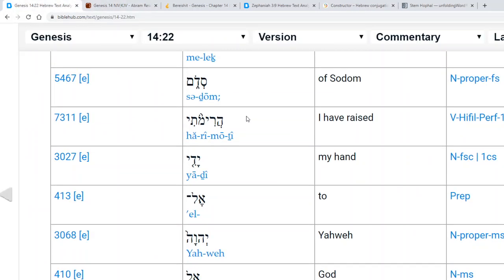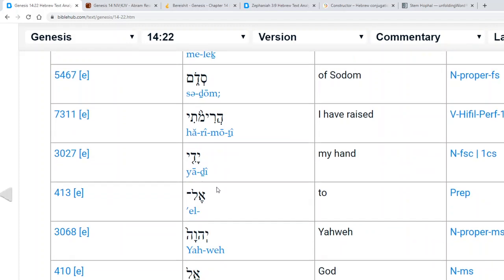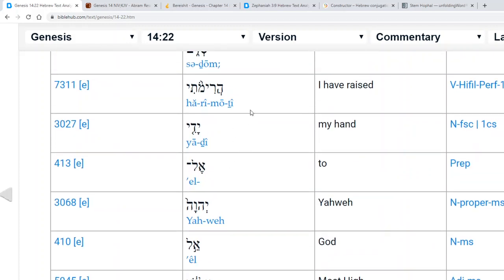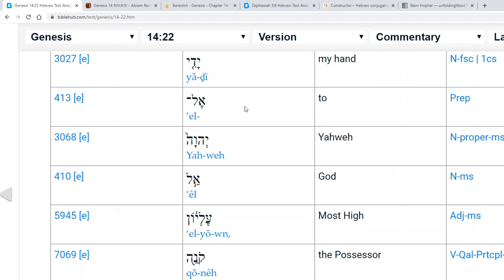Okay. Harimoti, right? And it doesn't have the vav, but it does have the yud, right? Yadi. So I raised, I caused to be raised. Yadi, my hand, right? Yad means hand. Yadi means my hand. El Havaya, right?